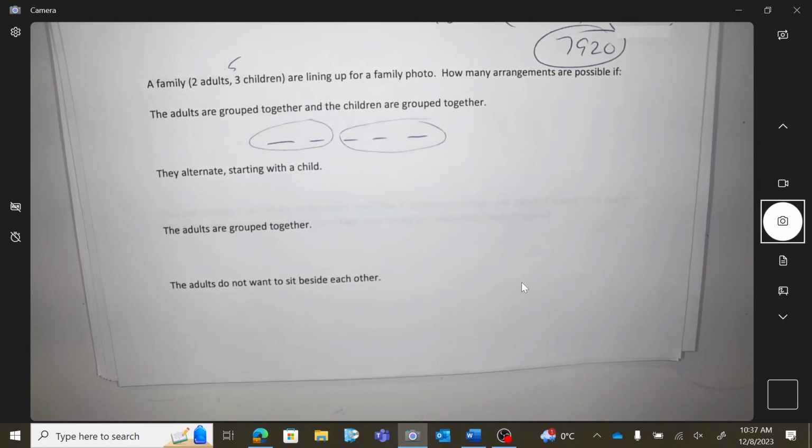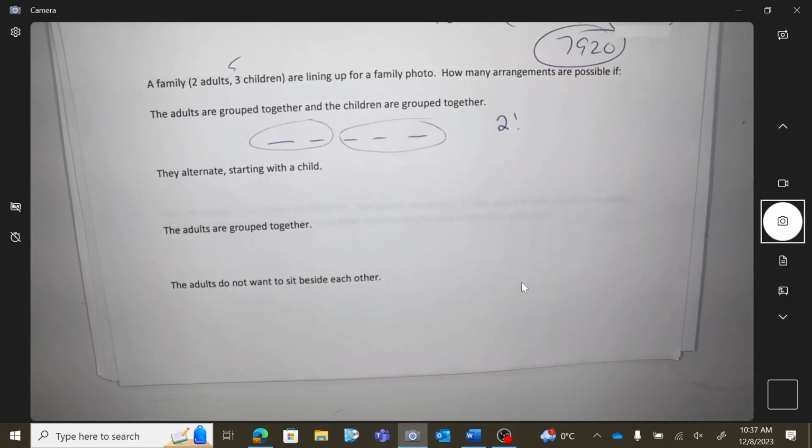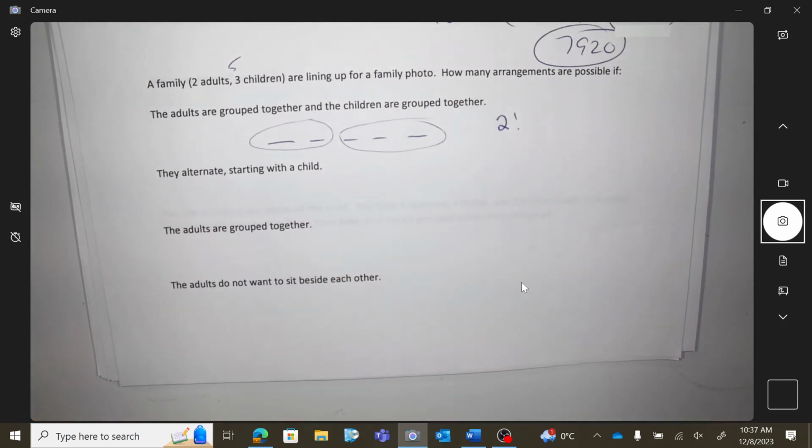So how many things am I moving around now? I'm only moving 2 things around. I'm going to either have the adult group beside the child group like that, or the only other thing I could do is children and then adults. Then, what could these adults do with each other?